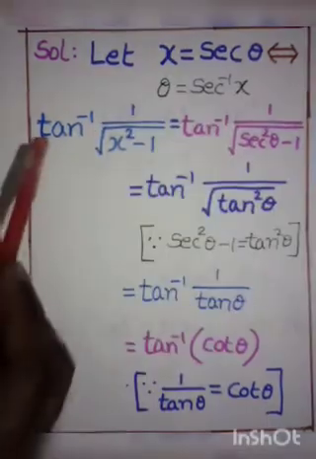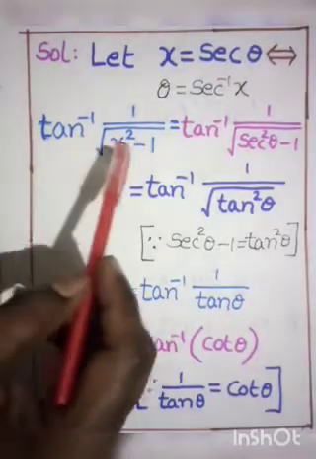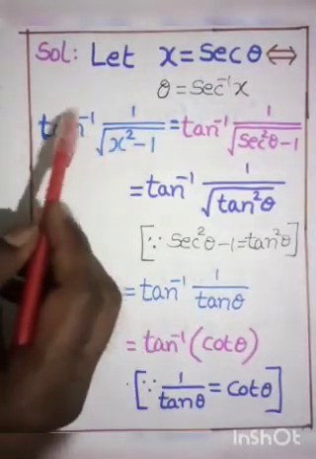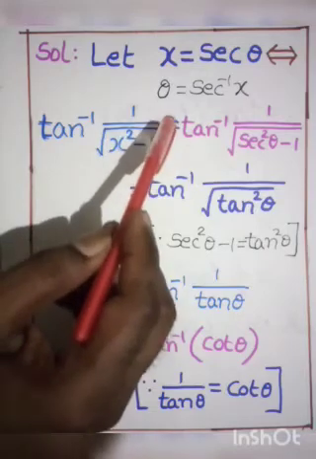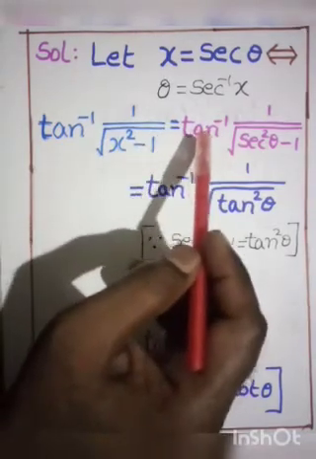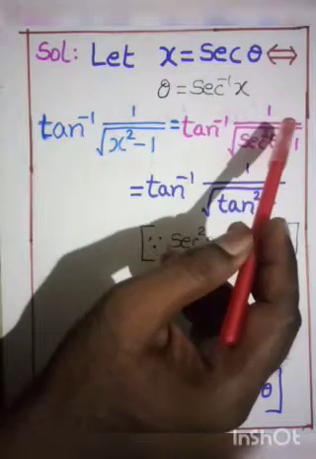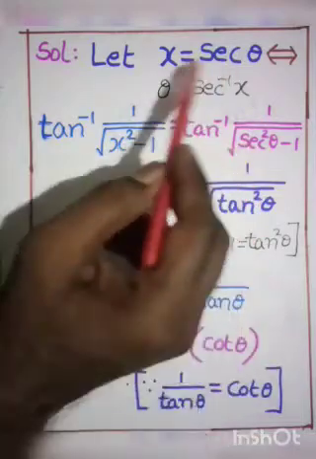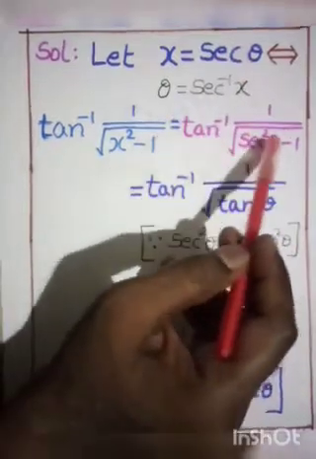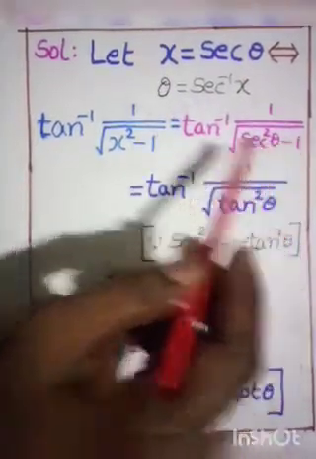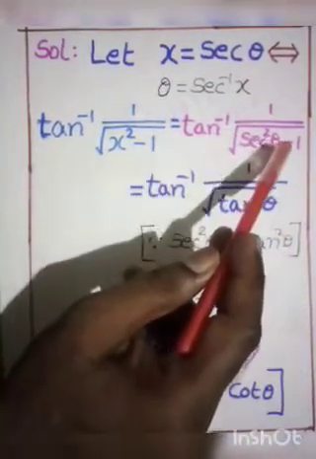Right. Now let us take the given inverse trigonometric function, tan inverse of 1 by root of x square minus 1. That is equal to tan inverse of 1 by square root of, here we are substituting secant theta for x, so secant square theta minus 1. Understood this step, my dear children? Right.